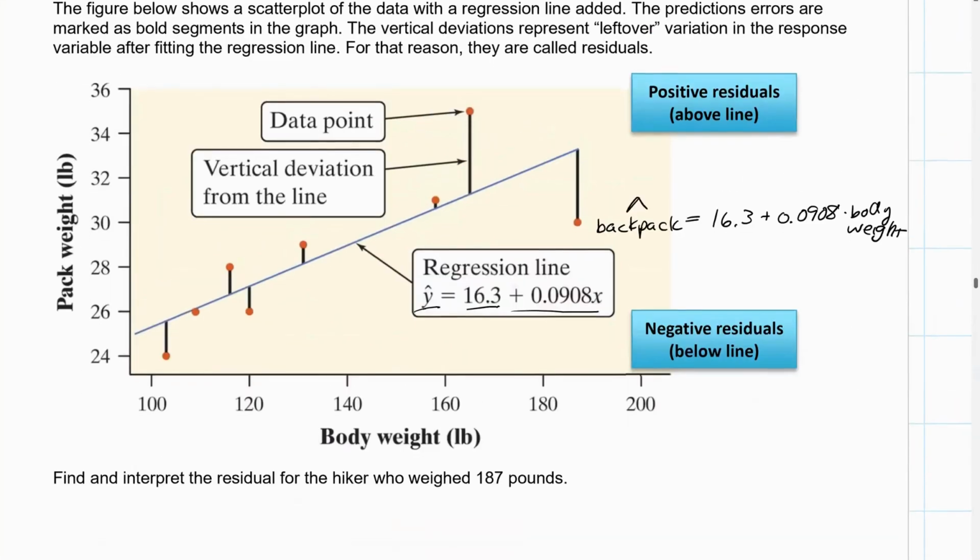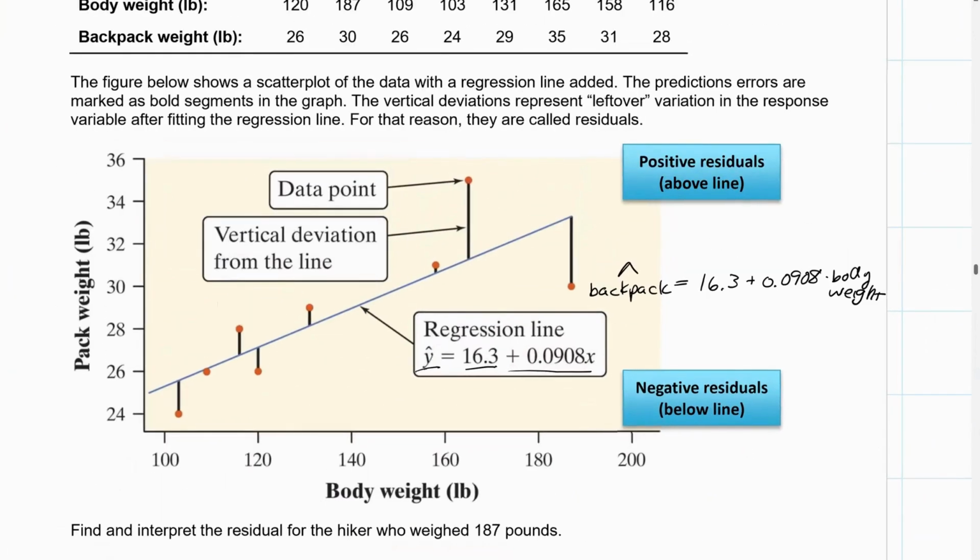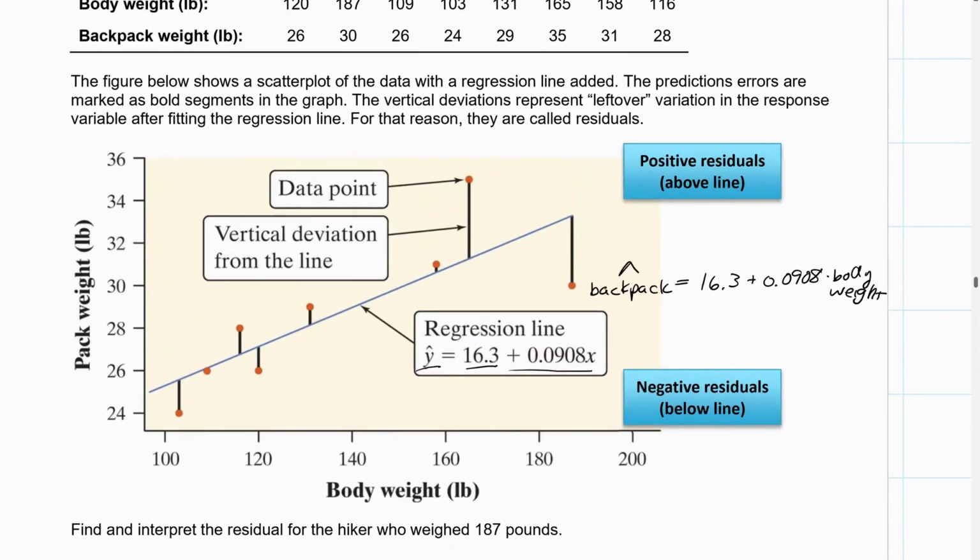And it says, let's find and interpret the residual for a hiker that weighed 187 pounds. Well, we know that the predicted backpack weight is equal to, according to the model, 16.3 plus 0.0908 times the body weight of 187. Let's go over to the calculator, see what that is.